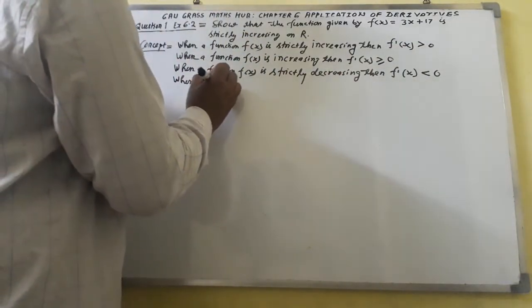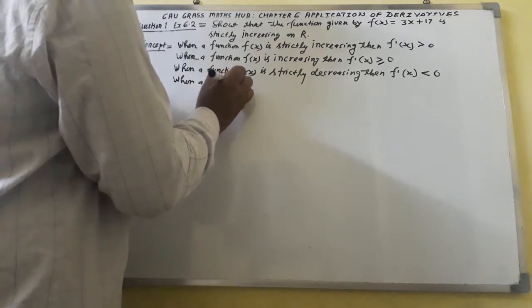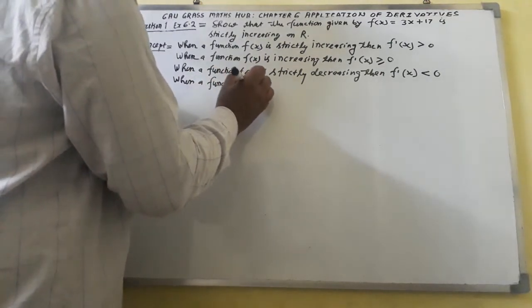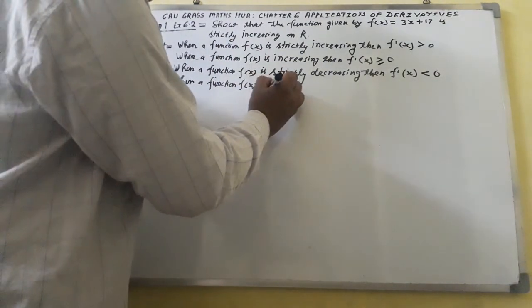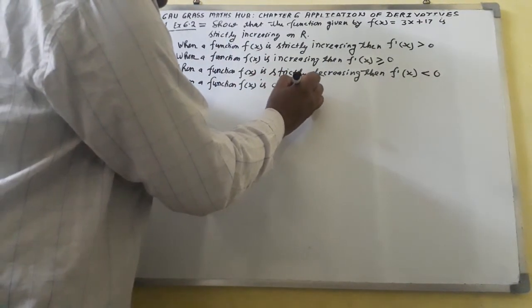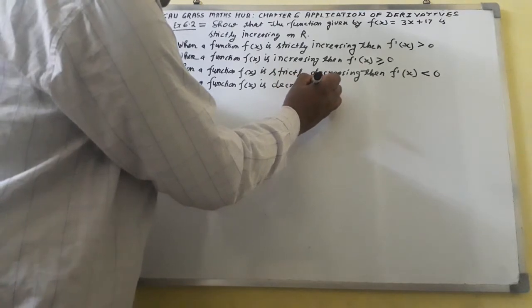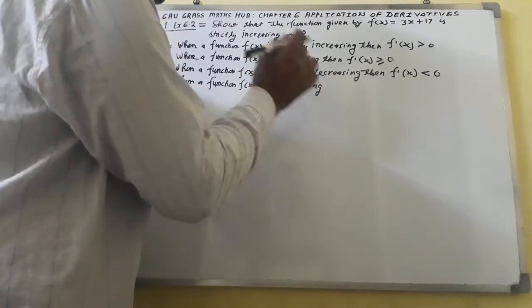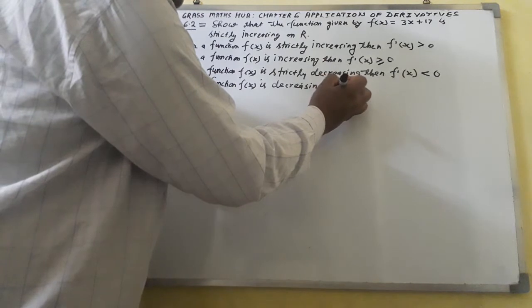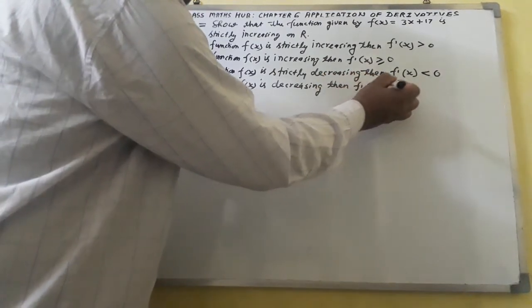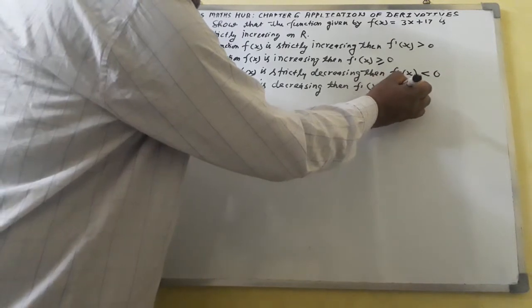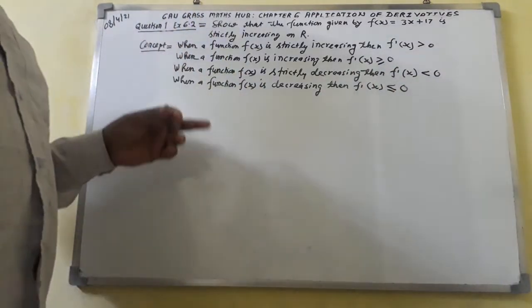When a function f of x is decreasing, then f dash x is less than or equal to 0. Four concepts I have written.